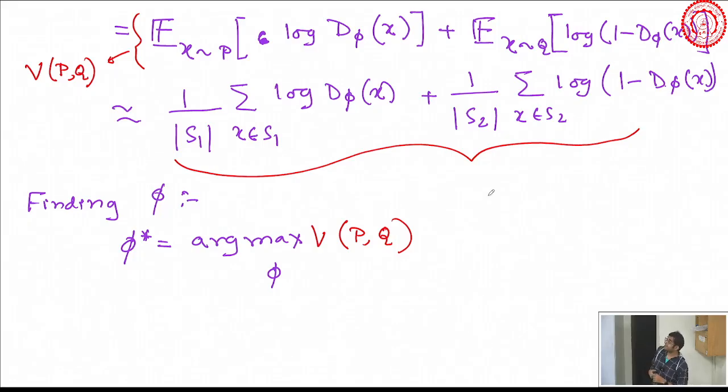Remember the expectation that p here is p theta, by the way, and q is p theta. So keep that in mind. When I'm writing expectation x belongs to p, that is p theta. And when I'm writing expectation x belongs to q, that is p theta. So keep that in mind. Otherwise, you will not be able to do. It's not that difficult actually. You should be able to tell me. It's actually very simple.